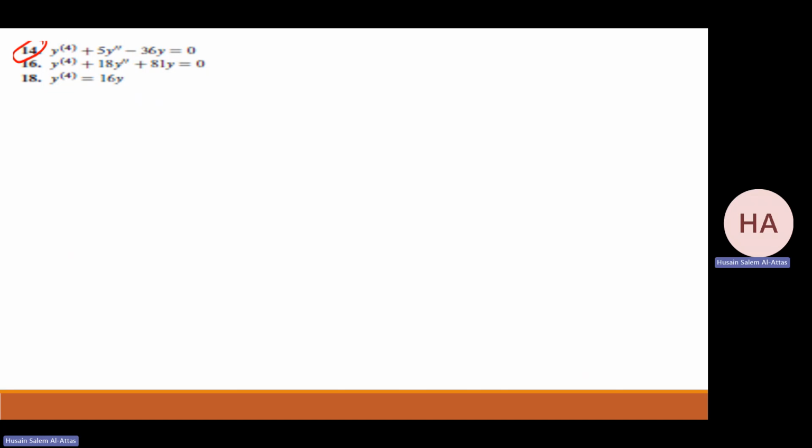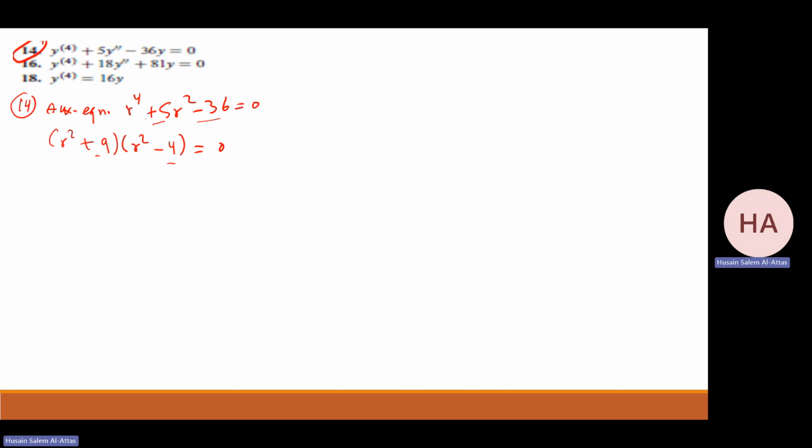Okay, 14. Let me go to the auxiliary equation right away, save time. r to the power 4 plus 5r squared minus 36 equals 0. Which I can do like this: I need 5 and 36, so it's plus 9 minus 4. So it's r squared plus 9 times r squared minus 4 equals 0.